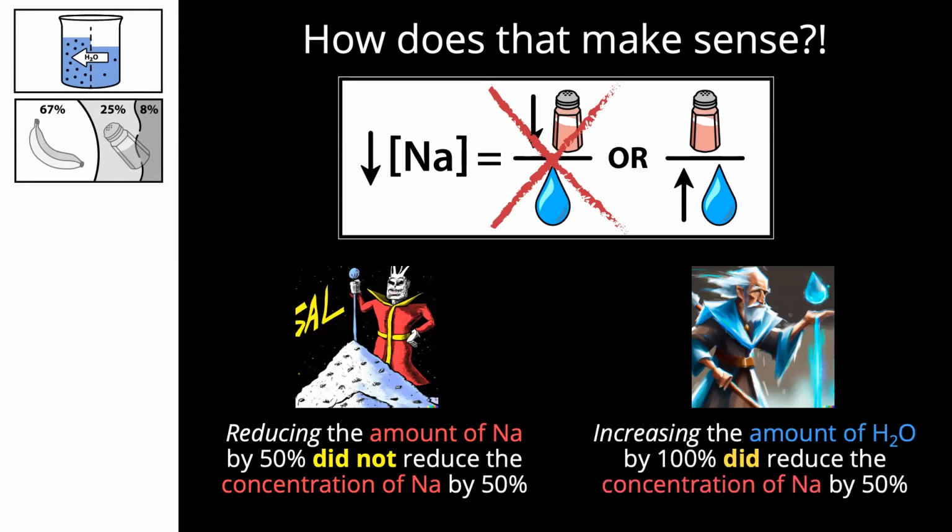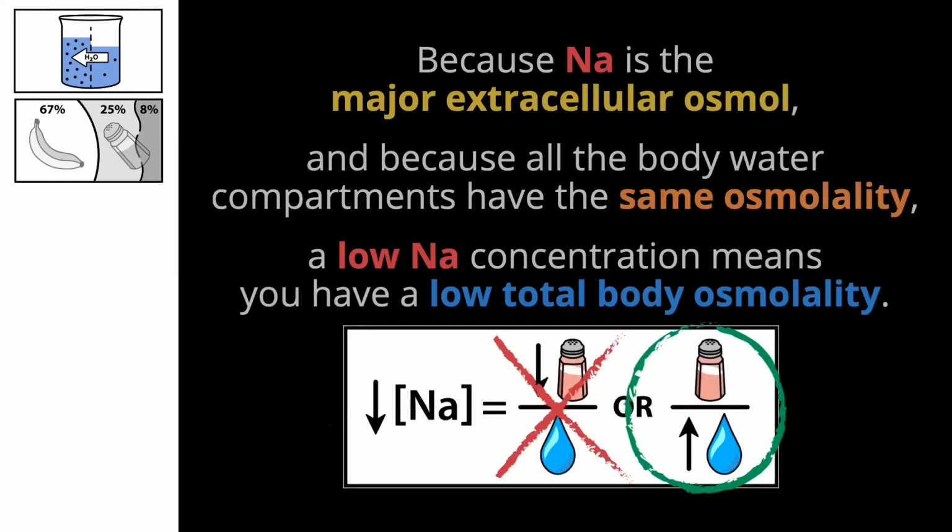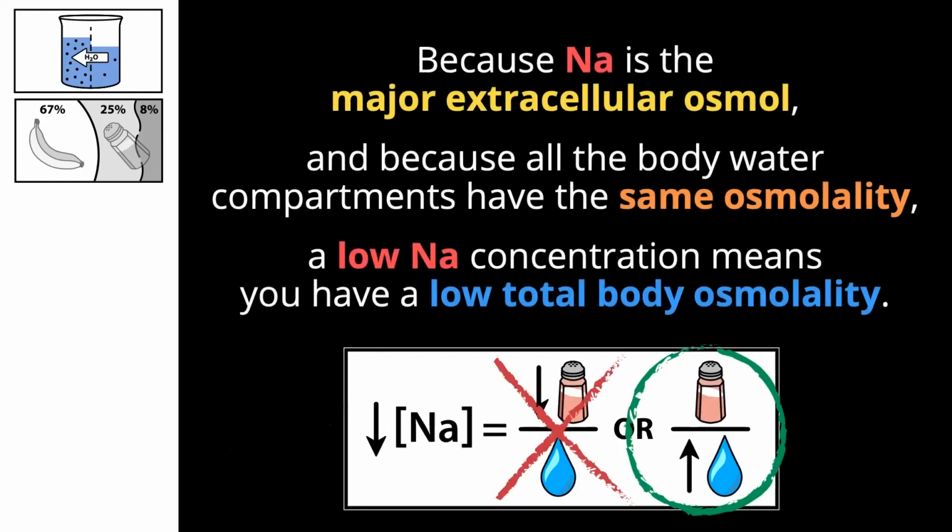Instead, we can see that increasing the amount of water did, in fact, reduce the sodium concentration by 50%. When you increased that water, you didn't have any movement of sodium. And so that is the way to think about a decrease in serum sodium concentration. I'm going to say it again because it's so important.